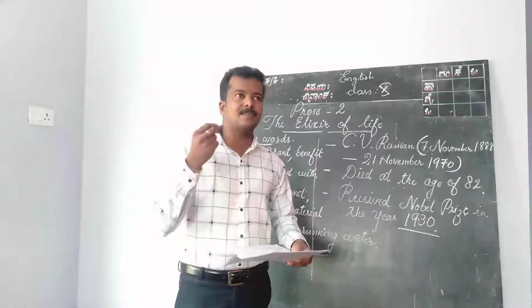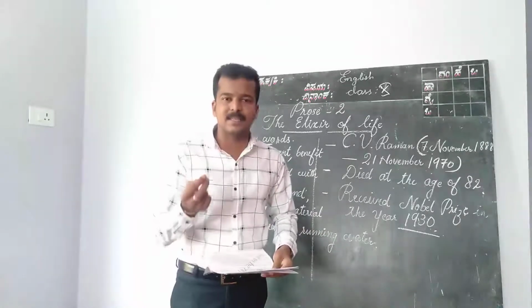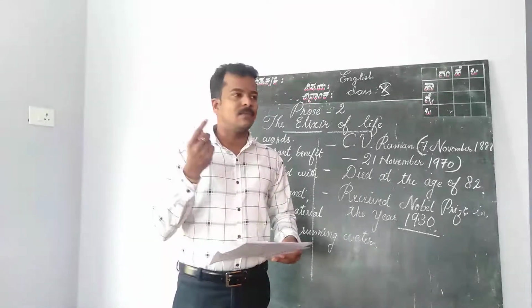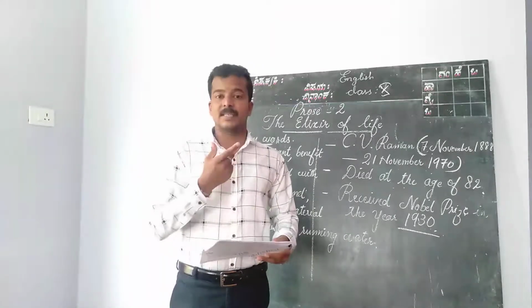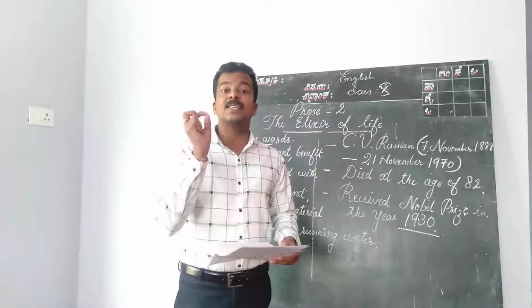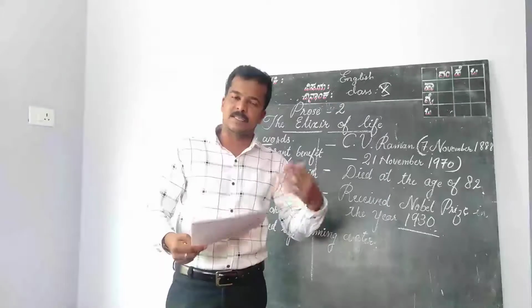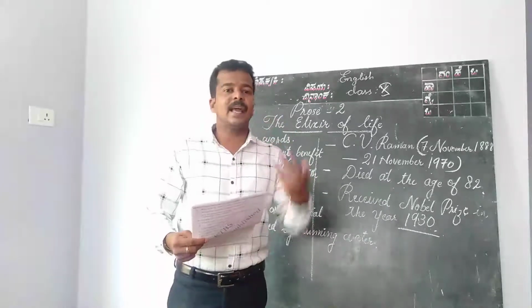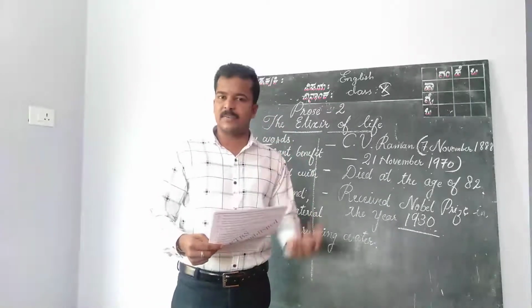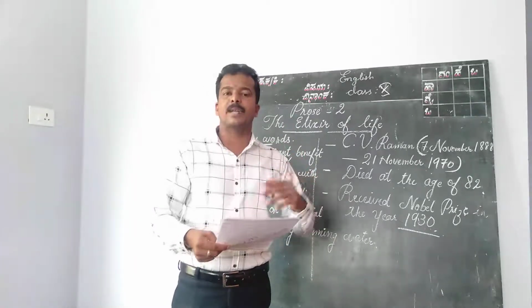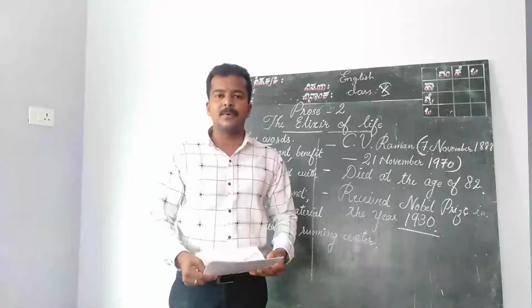Actually, this kind of medicine we might have heard of only in fantasy or fiction. It is an imaginary elixir. The divine Amrita is the imaginary elixir according to C.V. Raman. Whatever is mentioned in the first paragraph, I said orally now.